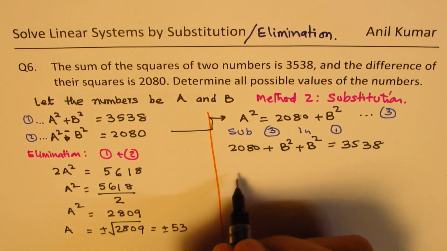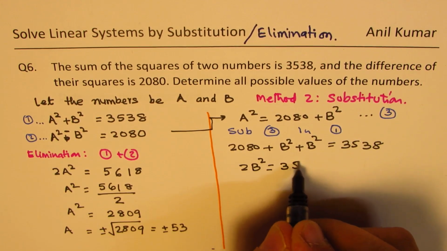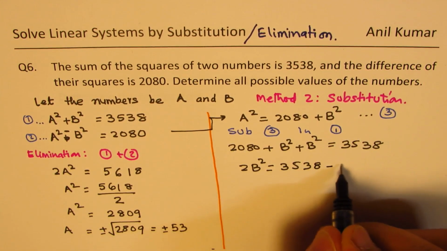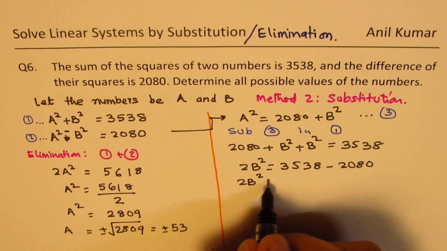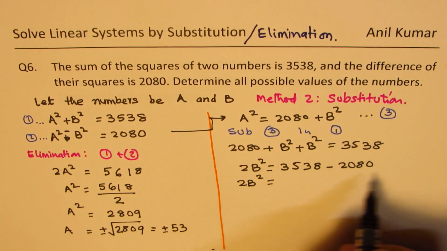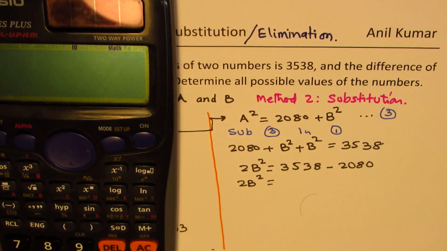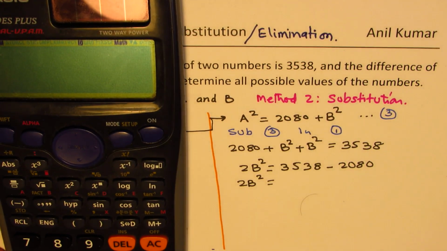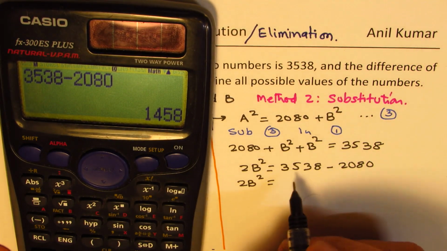Now that gives you 2B square equals 3538 take away 2080. Let's use calculator, we'll have to divide by 2 and then square root also. So we'll do 3538 minus 2080 equals 1458.